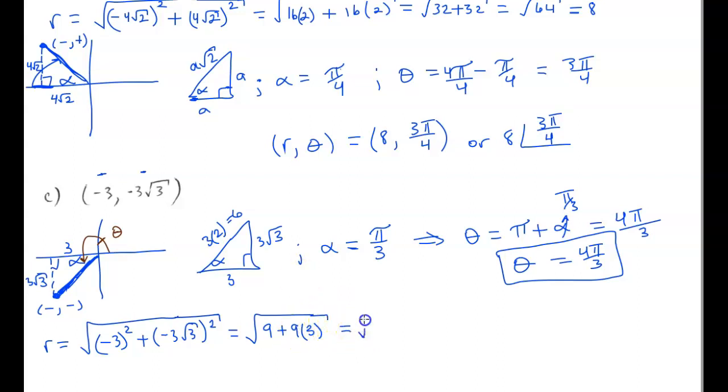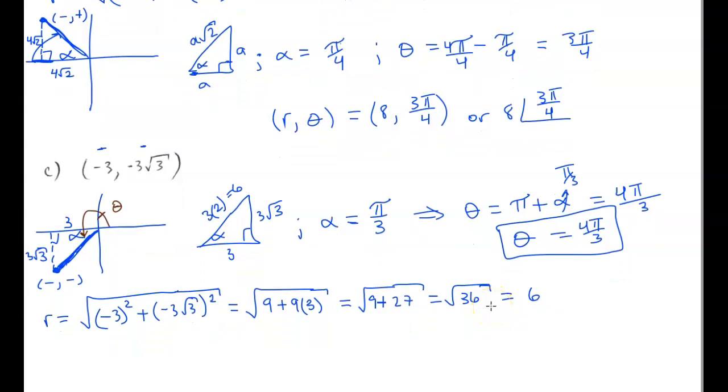So this is just 9 plus 27 under the radical, which is 36 under the radical, and the square root of that is 6. Therefore, our final answer here is 6 comma 4 pi divided by 3. And again, you could express it this way if you wish.